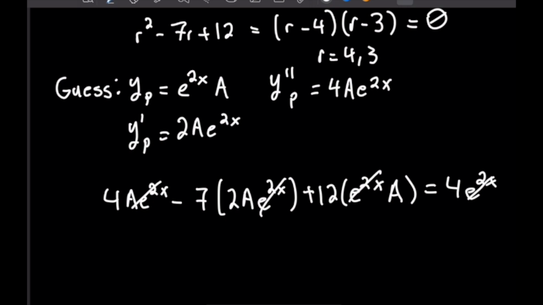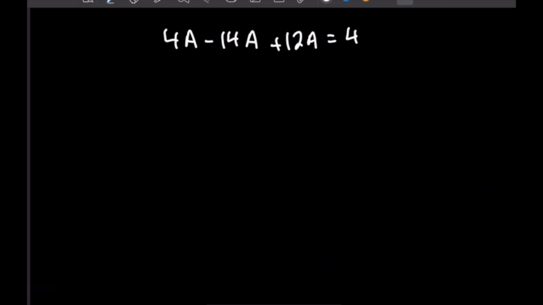And we'll be left with 4a minus 14a plus 12a is equal to 4, which just leaves us with 2a is equal to 4 and a is equal to 2. So that means our solution, once we substitute that back in, y sub p, our particular solution is 2e to the 2x.